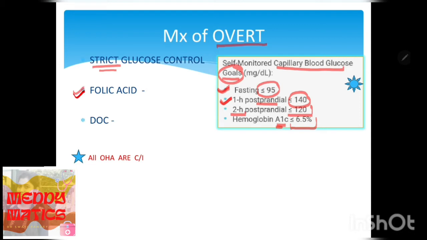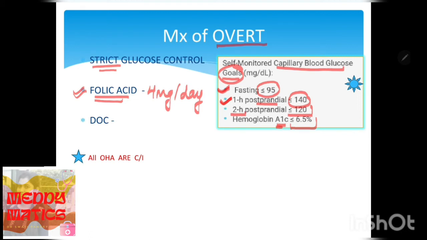And folic acid supplementation is a must for females with overt diabetes, as organogenesis occurs in the first trimester, and there is an increased chance of malformation at that time. So it is given in therapeutic doses, like folic acid 4 mg per day.